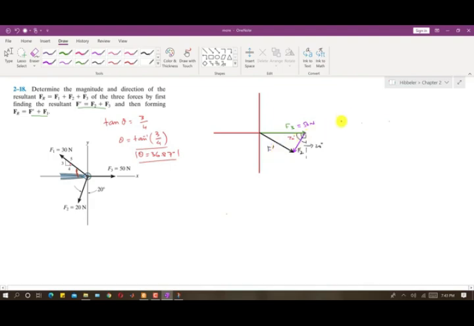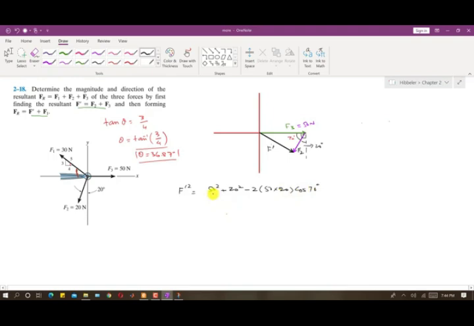So now we can find this F dash by using cosine law, right? So you can write that F dash square equals 50 square plus F2 magnitude 20 square, right? So 50 square plus 20 square minus 2 into 50 into 20 cos of the included angle, which is 70 degrees.